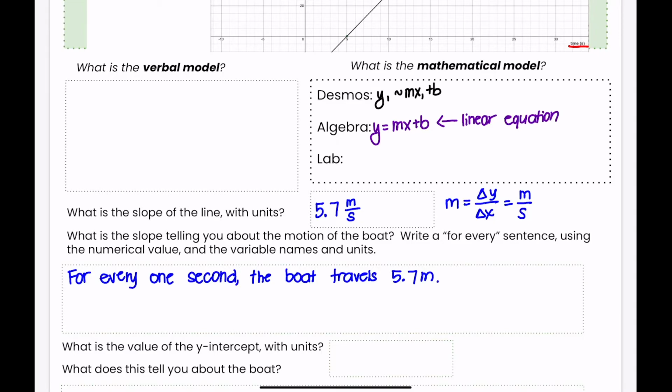Now we can say in the positive direction, but the boat was technically moving to the left, so we'll just leave it there. But it really did travel in the positive direction, so we'll go ahead and say that. So it moves 5.7 meters in the positive direction.